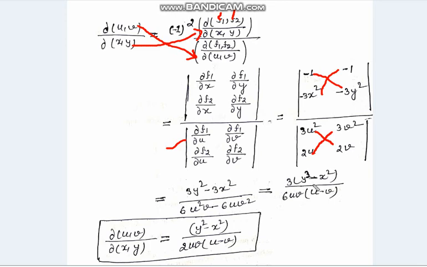Taking 3 common from the above and similarly 6uv from the below, we get this value, and after simplifying this we get our result.